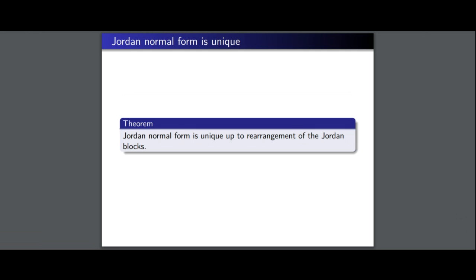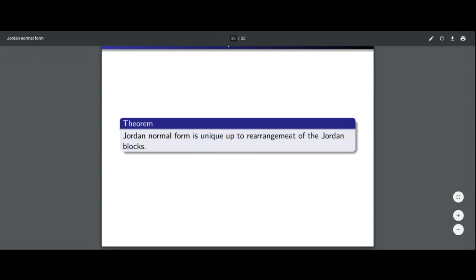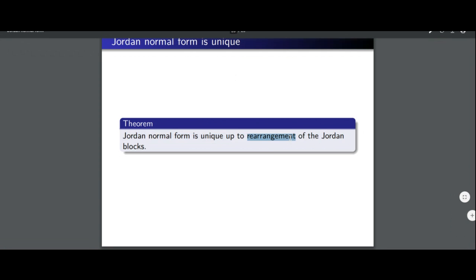So that's pretty much it for today. I'll try to put up some more examples.